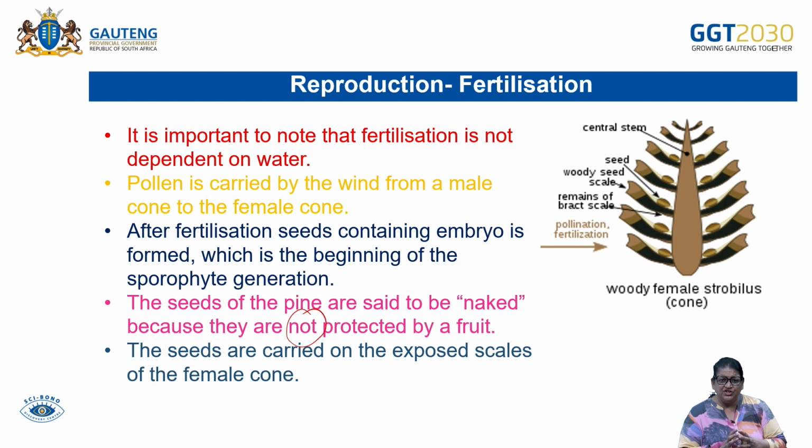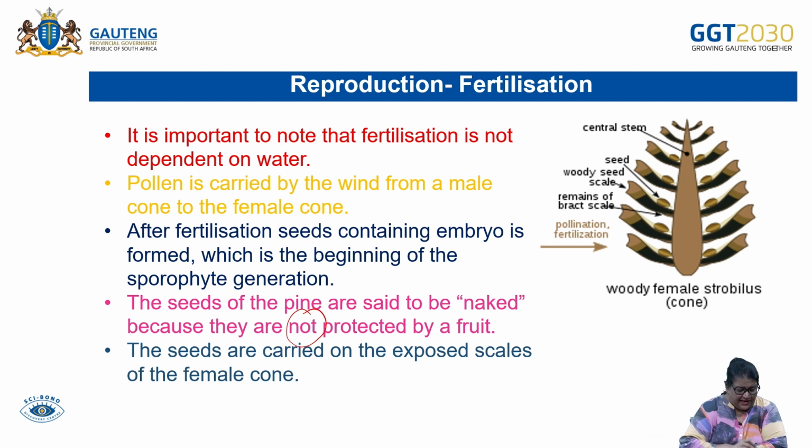If you take an orange or a fruit, you have to eat the fleshy part to get to the seed. But here there's no fruit. It's just that the ovule is fertilized and they fall down, and it's just the seed. So the seeds are naked, they're exposed, because there's no one to plant it, there's no one to eat it, so they might just fall into the ground and germinate.